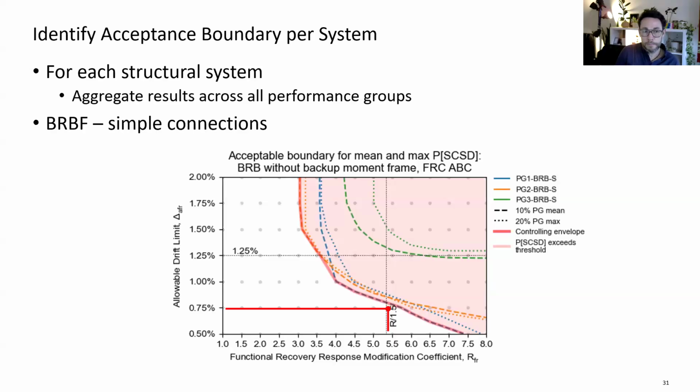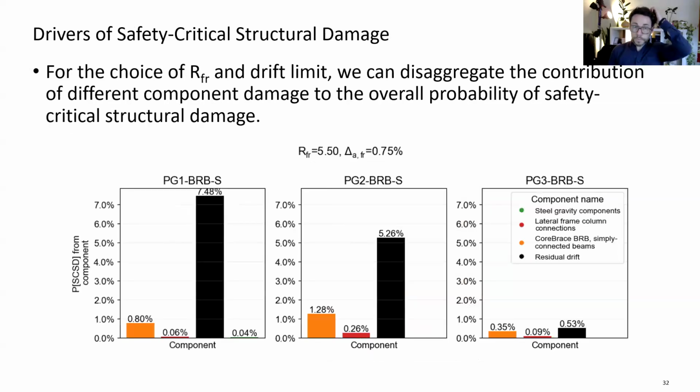So we're really producing designs that are stronger and stiffer with the intent of having reduced ductility demand. So we have a very low probability of safety critical structural damage. So we effectively have short recovery times, which is the ultimate goal of this new chapter.